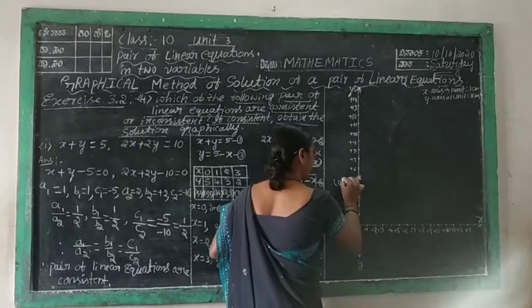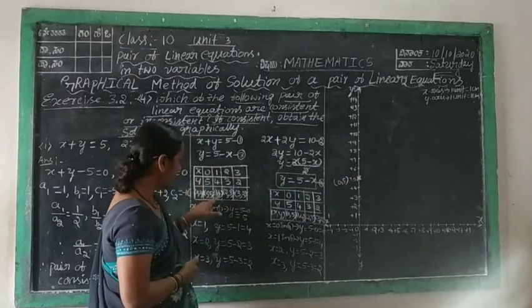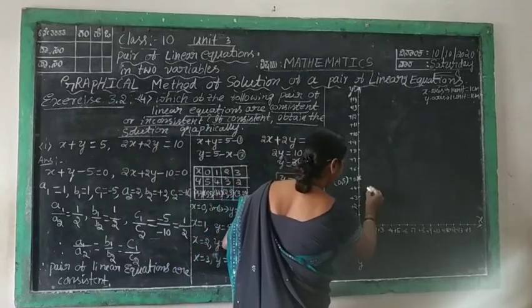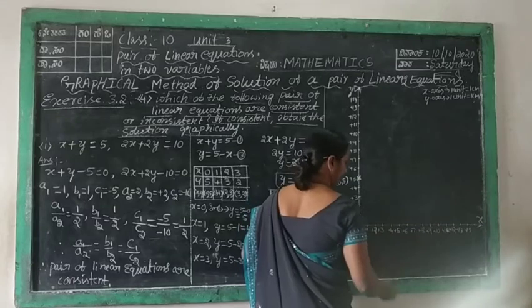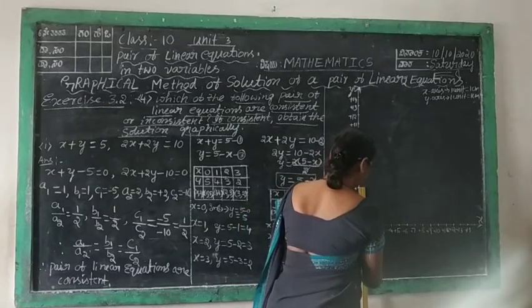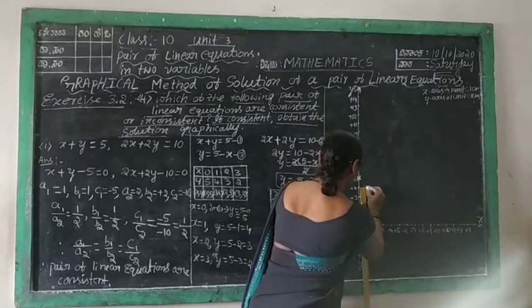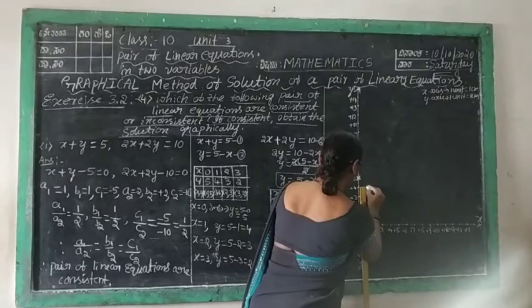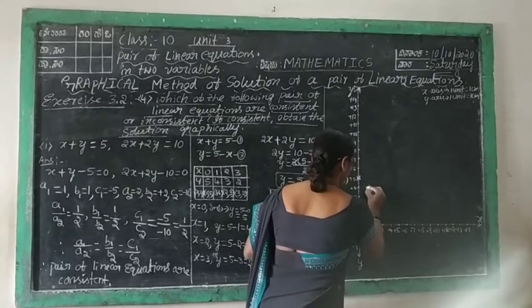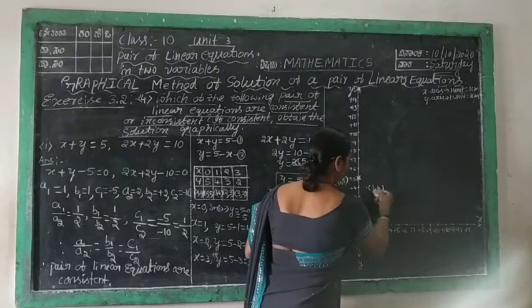Then the second one is plus 1 and plus 4. Your point is here, plus 1 and plus 4.